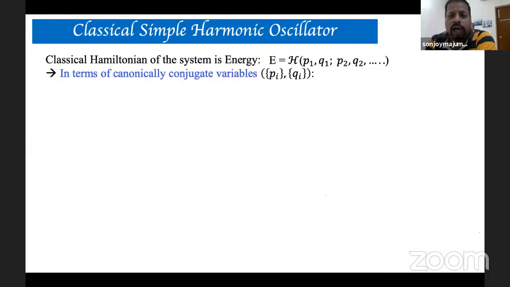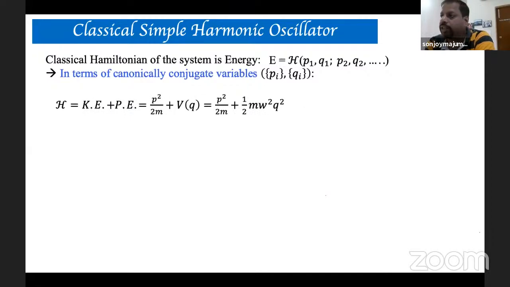This P and Q represent momentum and position. The index i you can think of as three different directions, like x, y, z, or if you have higher dimension systems, you can treat it, or if you have multiple particles, you can treat them separately. So there is a lot of scope available.